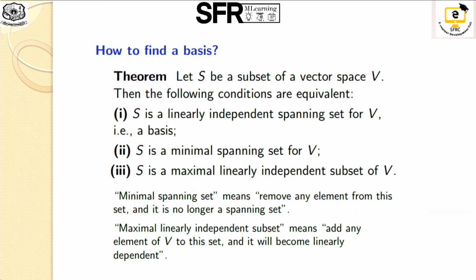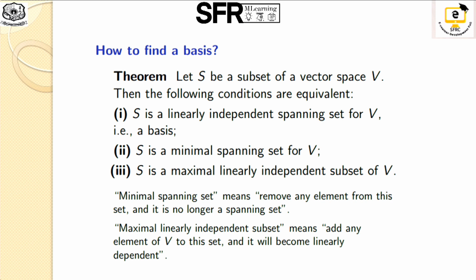Next we pass on to the theorem that tells about the basis. Let S be a subset of a vector space, then the following conditions are equivalent. The first condition is S is a linearly independent spanning set of V, that is, it is a basis. The second one is S is a minimal spanning set of V, that is, if you remove any element from S, then it cannot span the whole space.